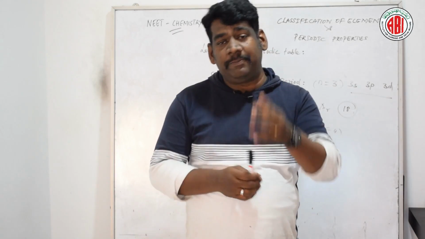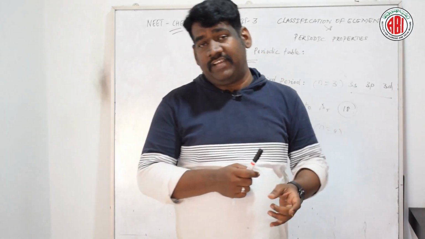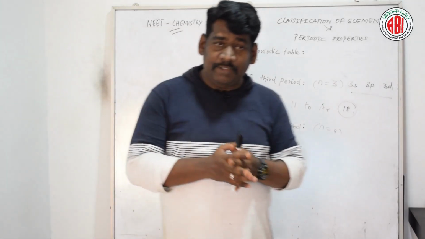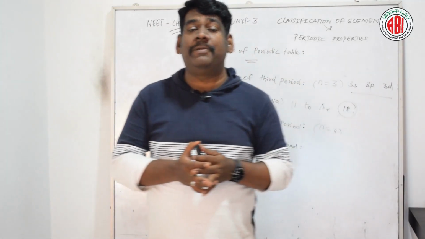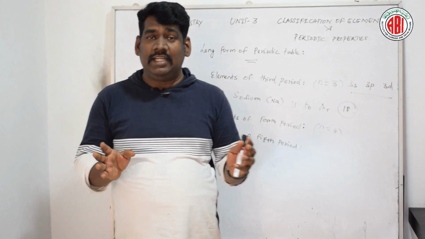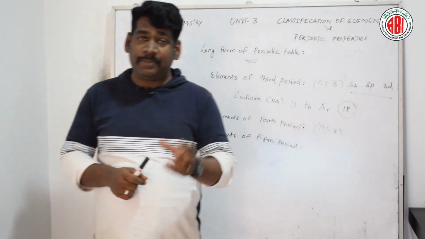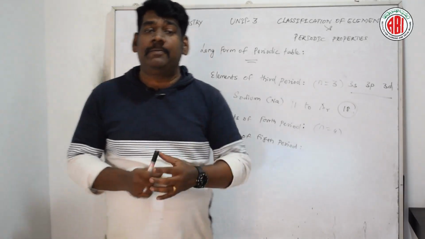Similarly, the next three periods contain 18, 18 and 32 elements respectively, and are called long periods. So this is the detailed study of the elements present in the 7 different periods.